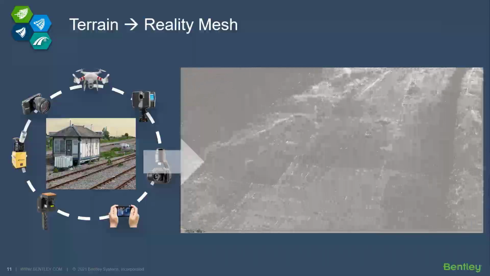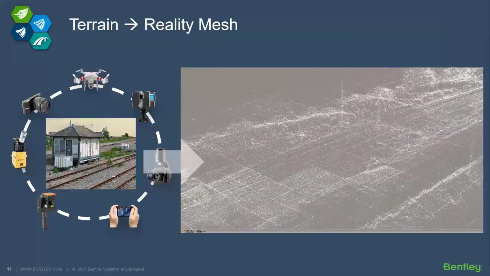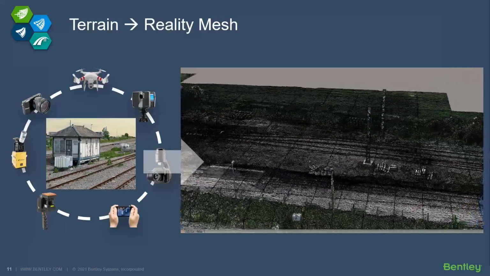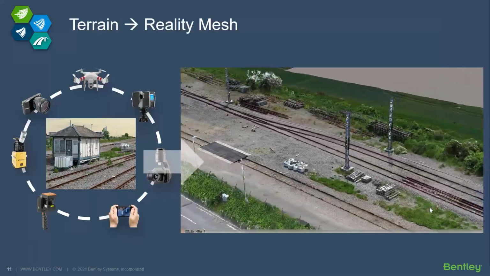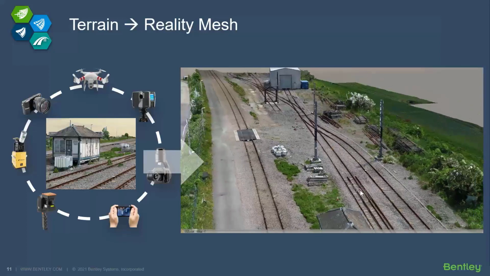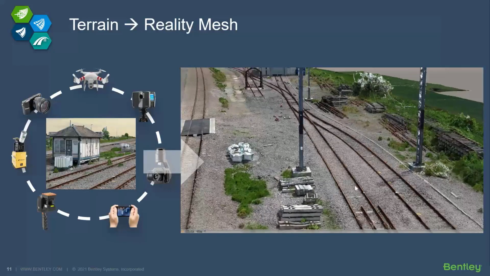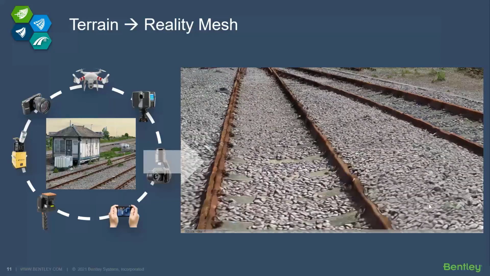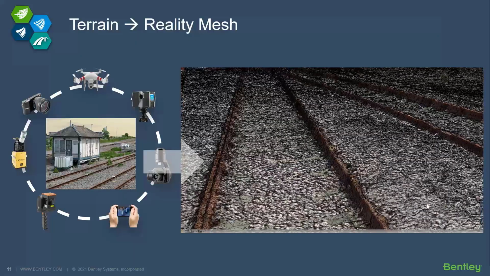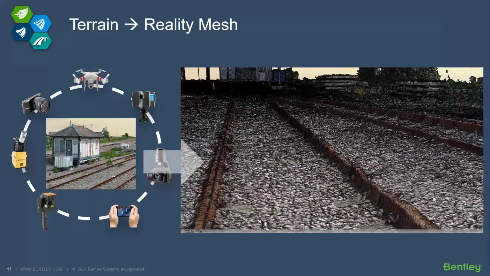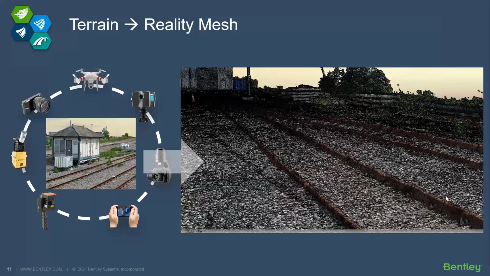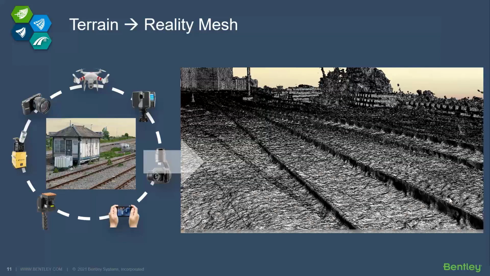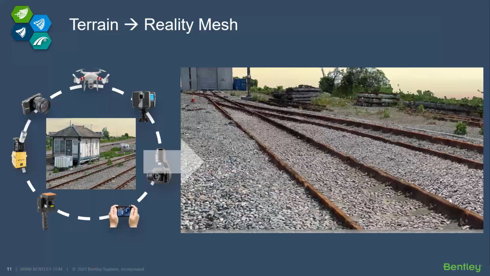Look at how the terrain is triangulated, and you can also get point cloud data out of it. You can rely on this type of data to start your project in OpenRail. You can convert the reality mesh into a terrain, and then from there use that high resolution data to start your project.